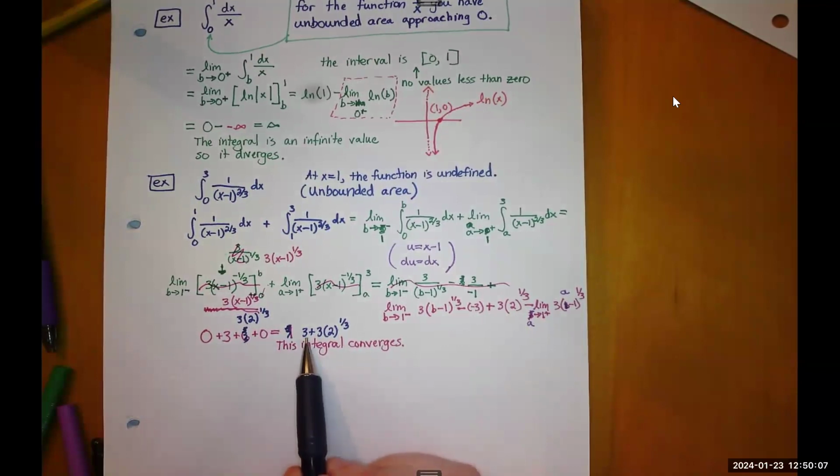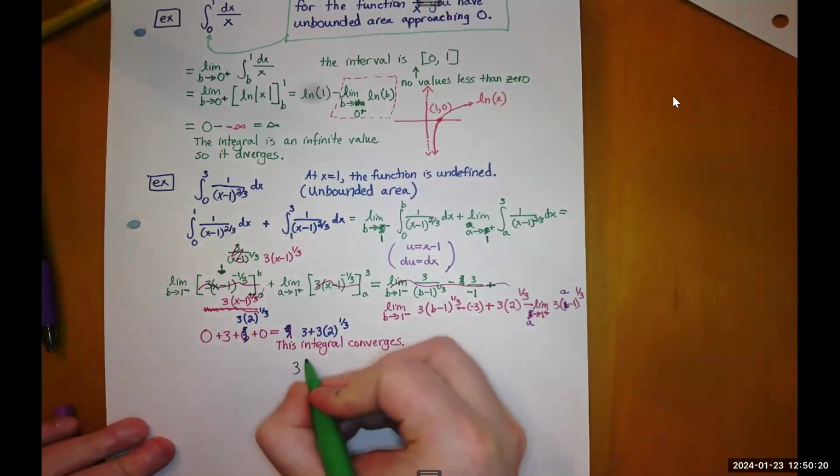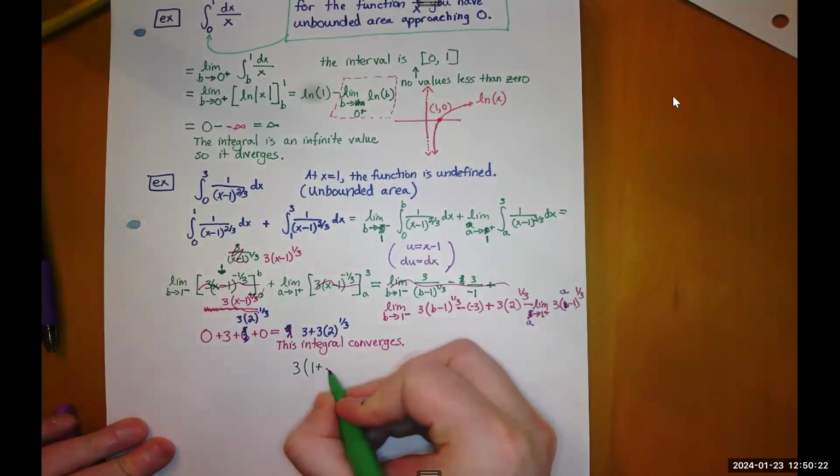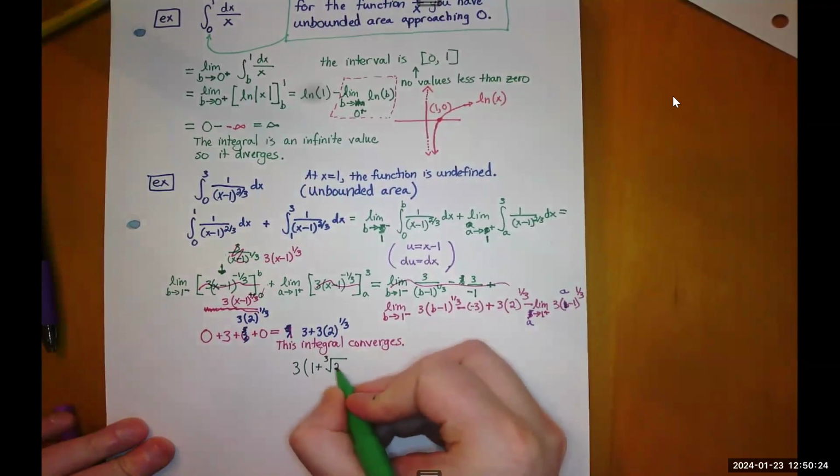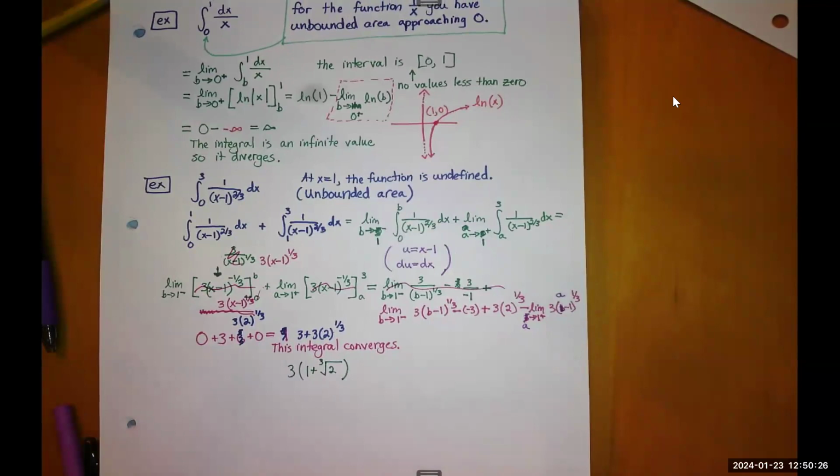So we should have 3 plus 3 times 2 to the 1/3 power. I certainly don't advise this, but it is possible that you might see something like this. Honestly, I wouldn't worry about that for a second on a free response question, but multiple choice questions are half the exam.